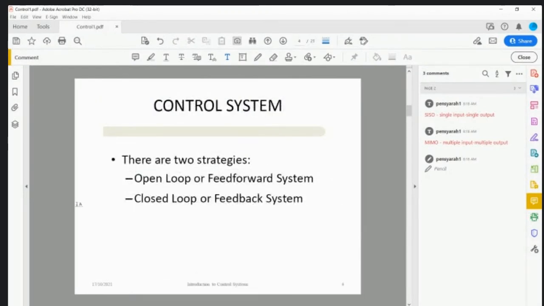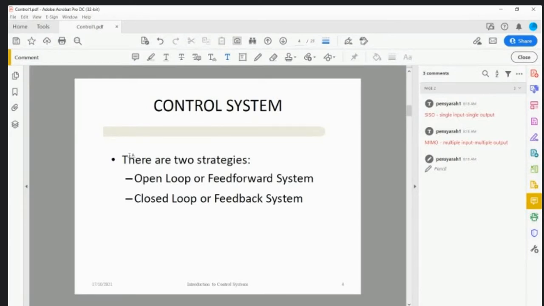So in control systems, we have two types of controller system that we can use in order to control any system. The first one is what we call the open loop control system, or also known as the feed forward control system. Open loop is a one way process, one way controller.